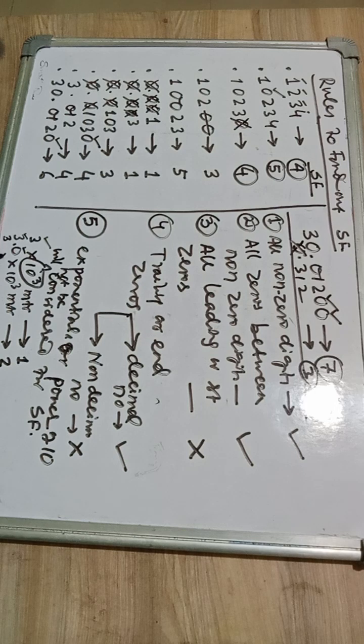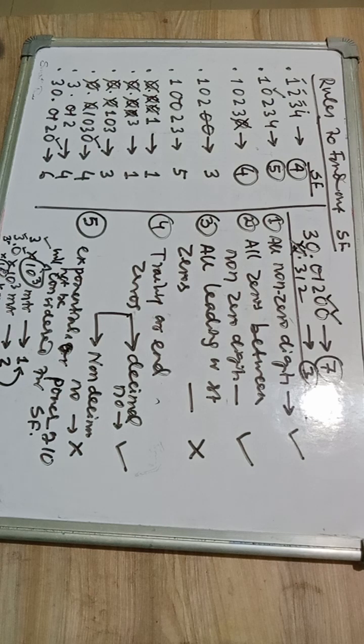If it is 3 into 10 to the power 1 kilometer, again 10 to the 1 carries no contribution, hence the significant figure is 1. These two terms are equivalent, whether it is 3 into 10 to the 1 kilometer or 3 into 10 to the power 0, that's 3 kilometer.